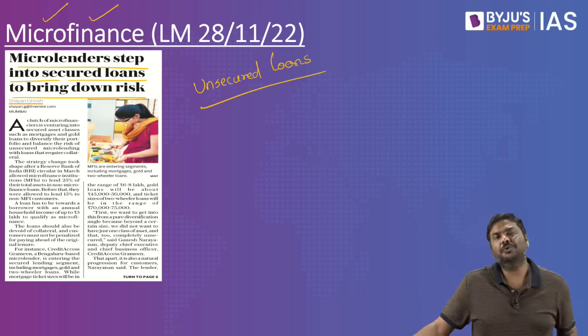Again, I am using the term most of them. Why? Is it always that all the loans given by microfinance institutions are unsecured? Answer is no. Why? Reserve Bank of India until very recently allowed up to 15% of their loans to non-MFI customers. Meaning what? Up to 15% of the loans can be issued by these institutions to the non-MFI customers, meaning these were secured loans.